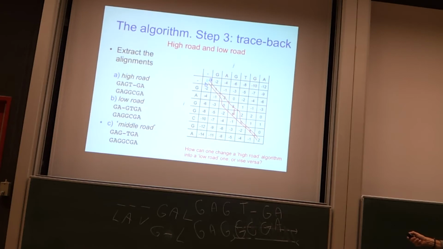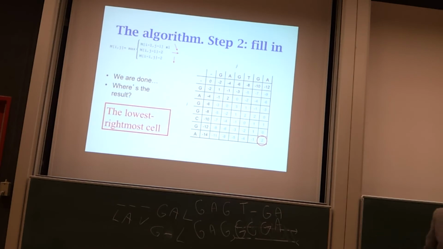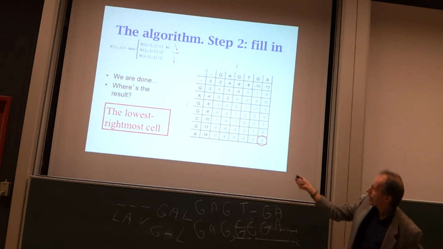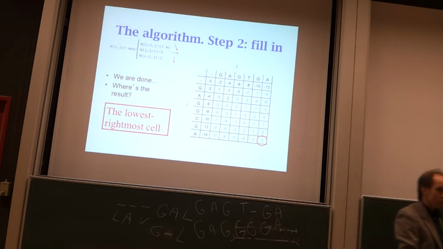What more can I tell you about this? Yeah, so let's talk quickly about the order. How do you take the order of filling in the cells? Can I start filling in here and work my way back? Would that work? What do you need to fill in each cell? 3 neighbors. So could you do an order like this?